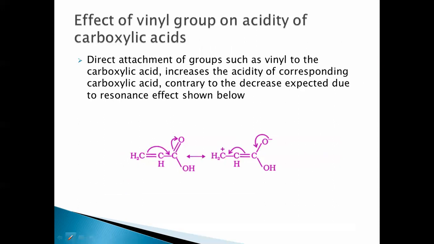Now let's look at the effect of the vinyl group, how this vinyl group affects acidity of carboxylic acids. If you see, there is a resonance. This is the vinyl group, CH2=CH, and when this vinyl group is attached to this COOH, that is a carboxylic acid group, there is a resonance which we can see here. Right, because of this resonance, what should happen?